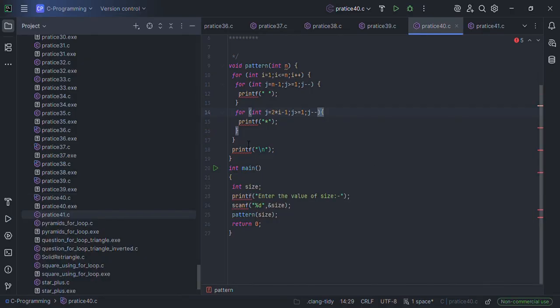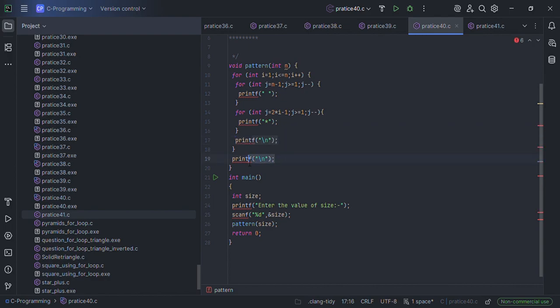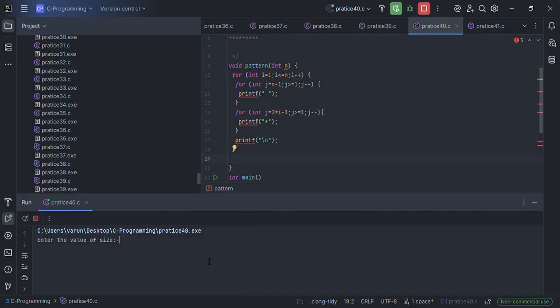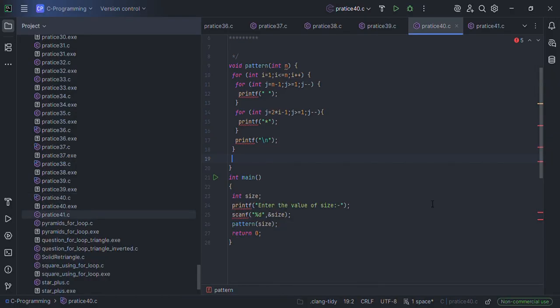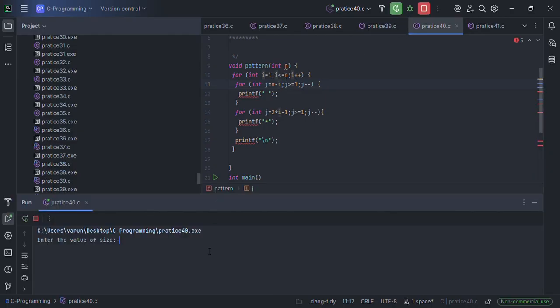So it just means minus one. This should be n minus I. Yeah, correct.